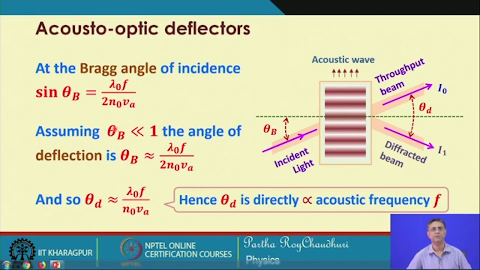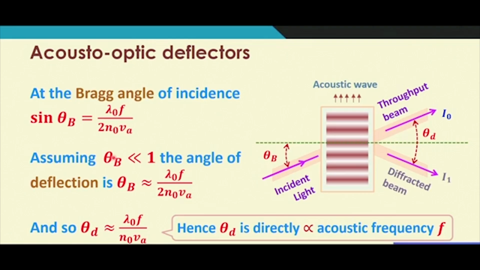So, assuming small Bragg angle diffraction, that is theta b is very small, the deflection delta theta d is directly proportional to the acoustic frequency.